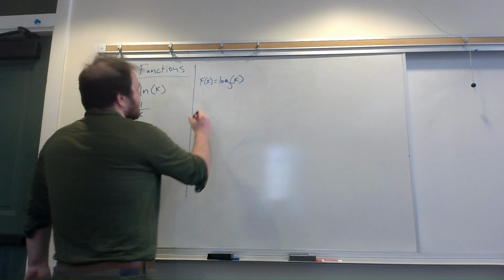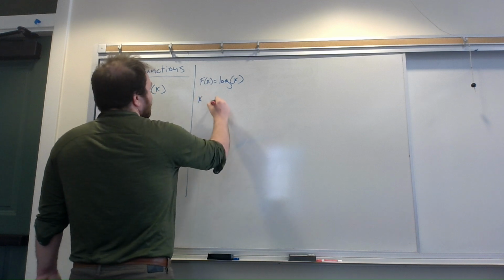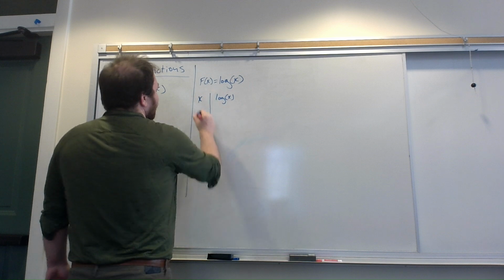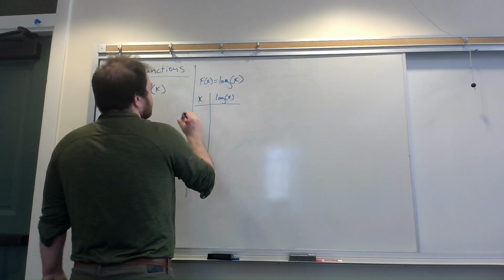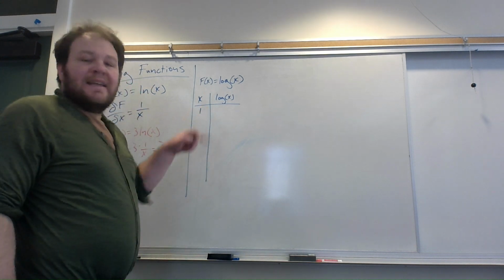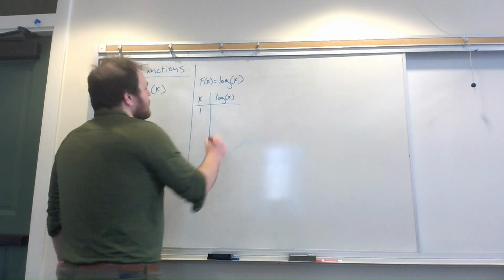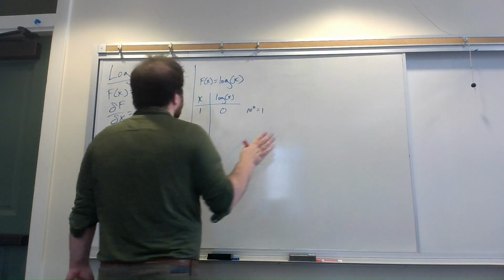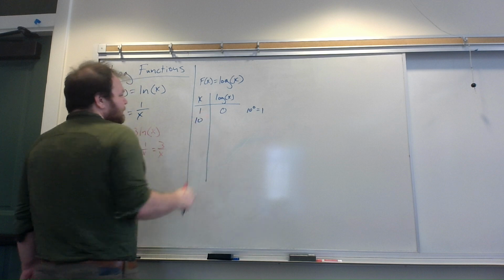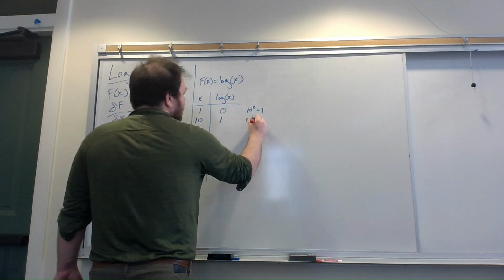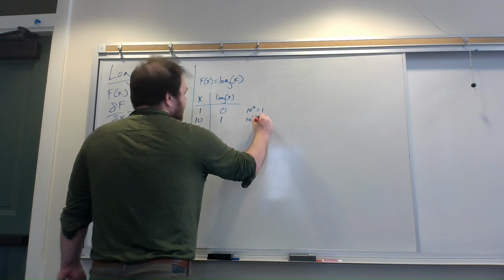So let's make a table of x versus the log of x. If x equals 1, well, 10 to the 0 equals 1, so the log of x would be 0. If x was 10, then the log of x is going to be 1, because 10 to the first power equals 10.